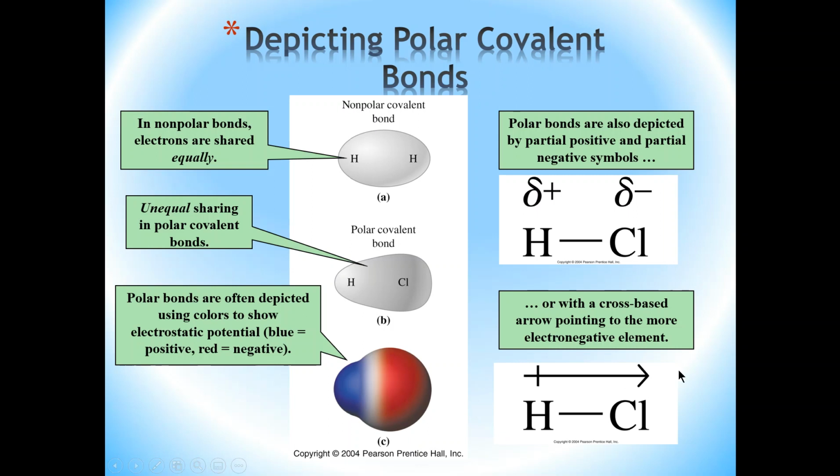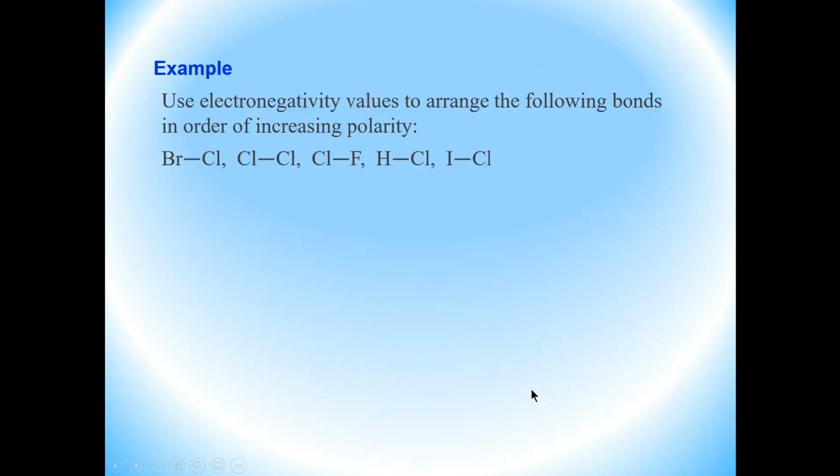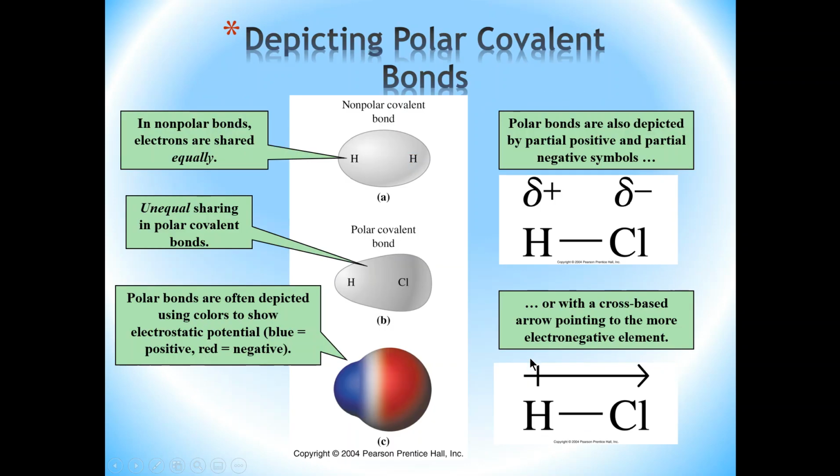So if you see this, you should understand that the head of the arrow is where the partial negative charge that we discussed is, and the tail end of the arrow indicates where the positive charge of the polarity is located.